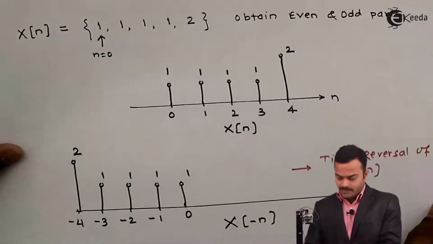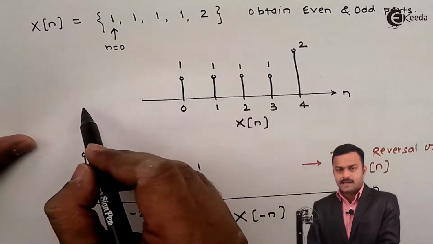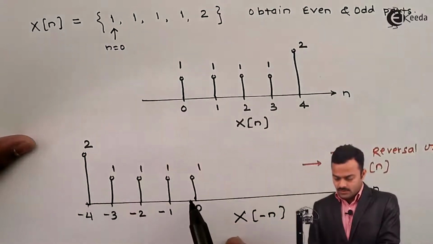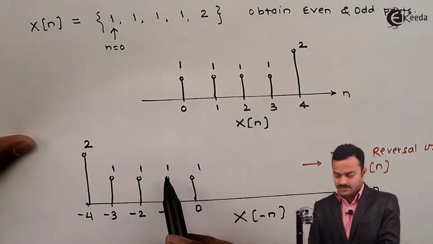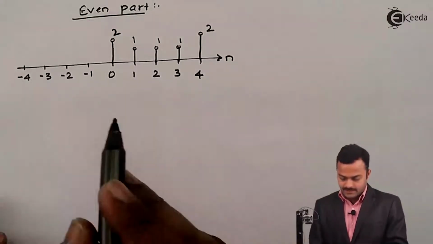The same thing we will obtain on the negative side. All the samples of x of n in the negative n are 0, whereas for x of minus n, there are other samples of some values. The addition will give you like this.